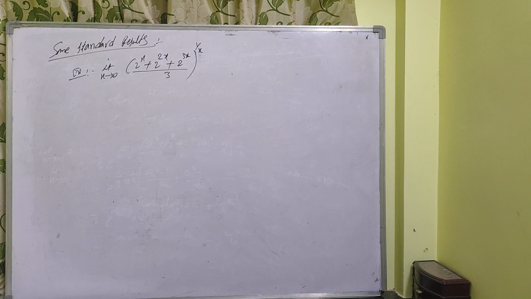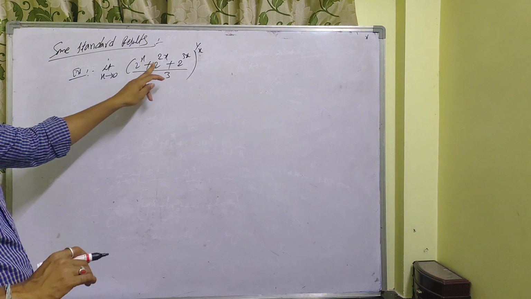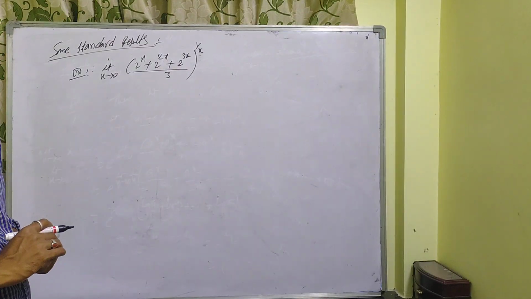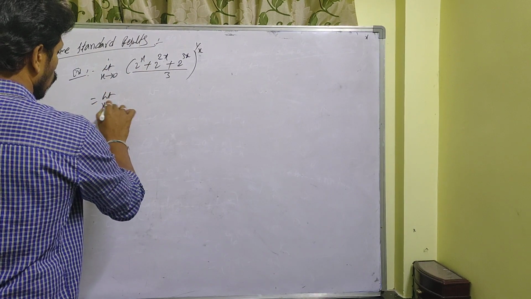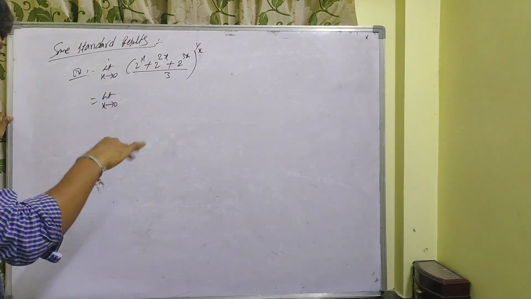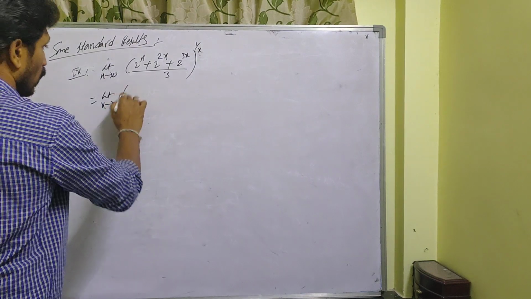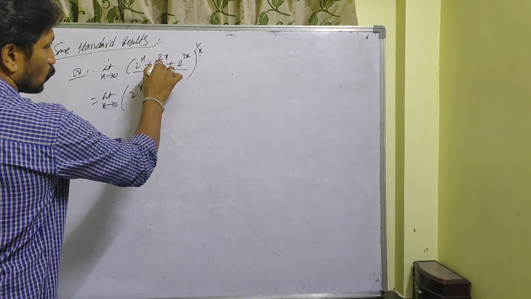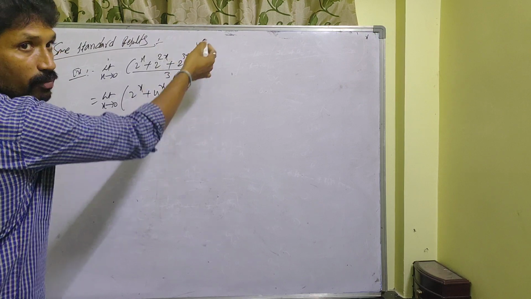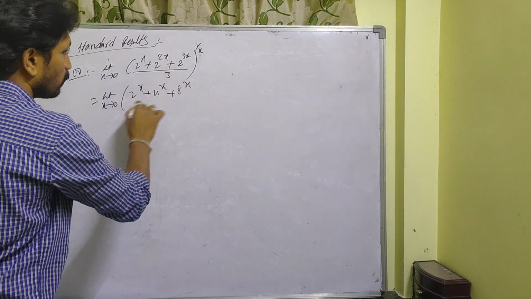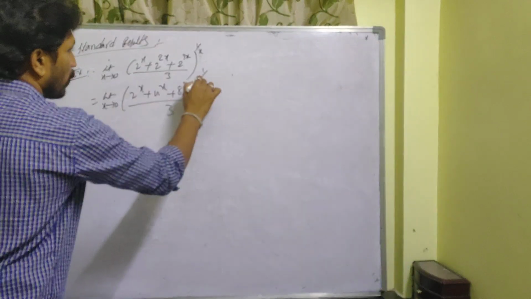How to write this one? It is 2 power x, 2 power 2x, 2 power 3x. If you simplify for our convenience, 2 power x plus 2 square whole power x, that is 4 power x, plus 2 cube whole power x, 2 cube is 8 power x, by 3 whole power 1 by x.